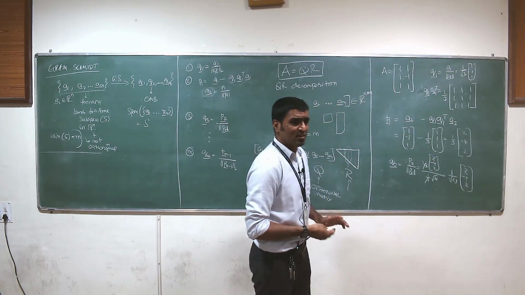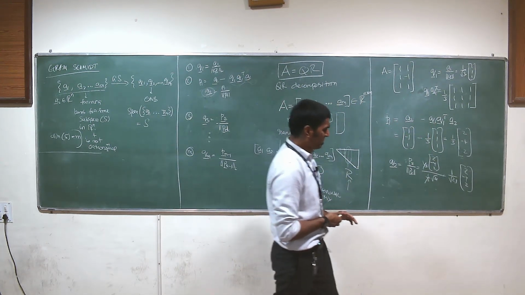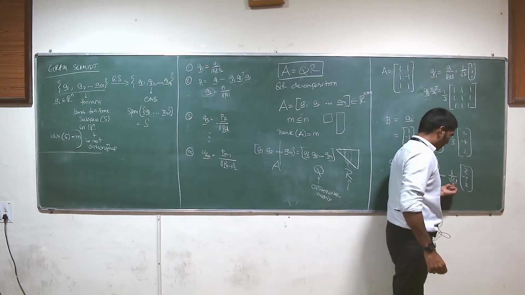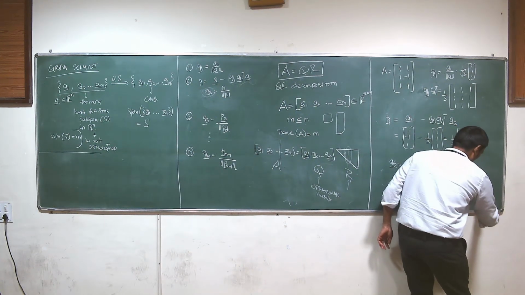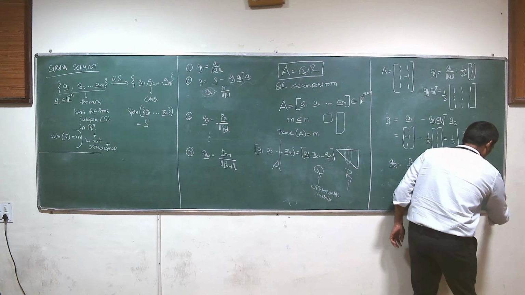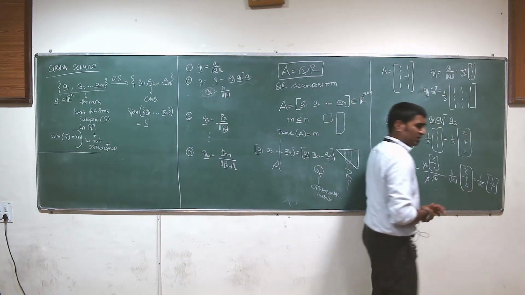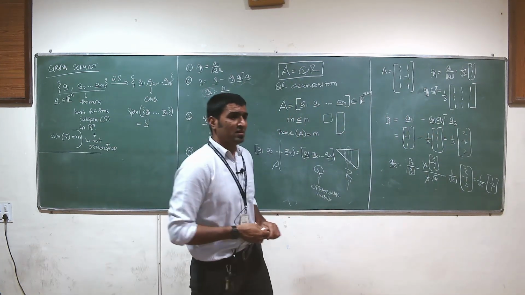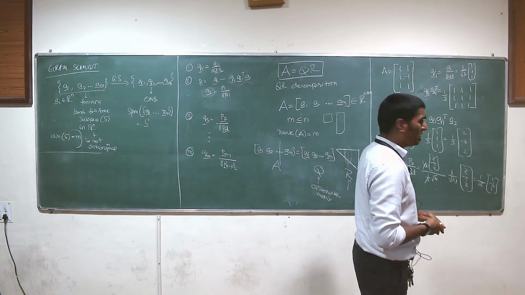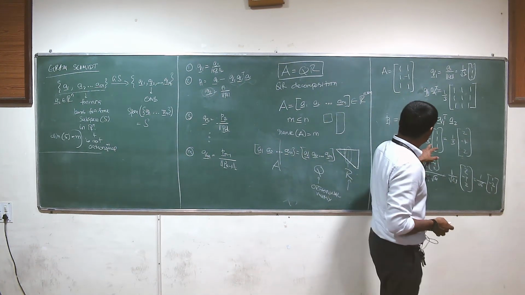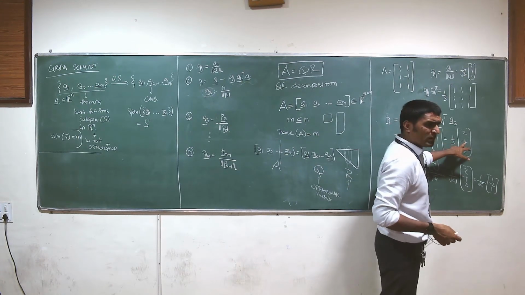Yeah, is that okay? In fact, you can take the 4 outside, which will come out as 2. That will simply be 1 by root 6, 1 minus 2, 1. It's minus 1, is it?